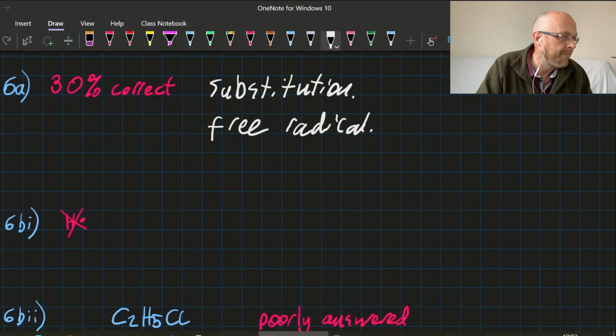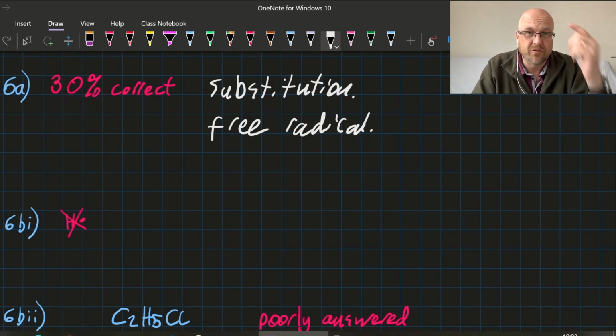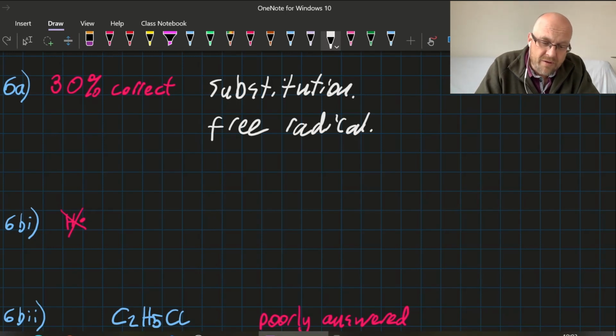Yeah. Okay. Next up, a couple of propagation steps and a termination step. Well, there are probably 50 propagation steps. So I'm going to try and choose the ones the IB are going to have in the mark scheme. You're never going to get an H dot. That's why I put a cross through it.